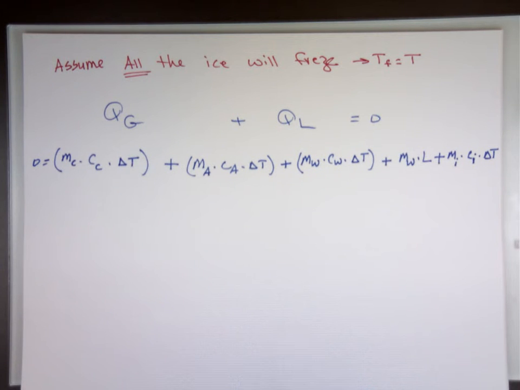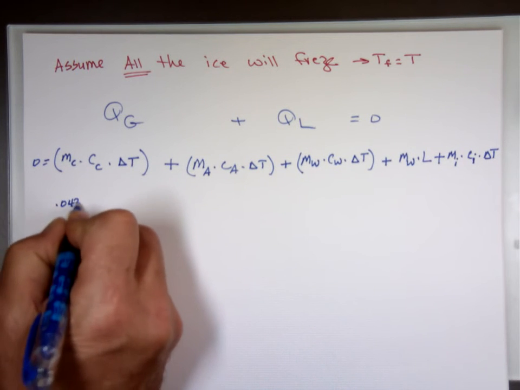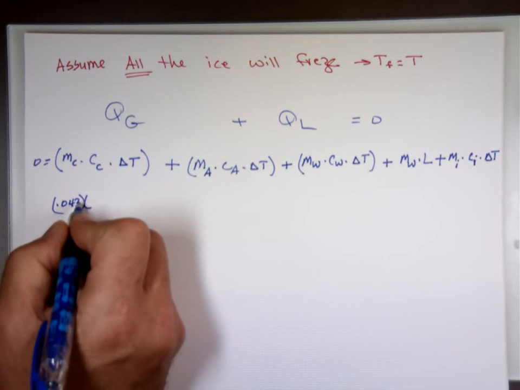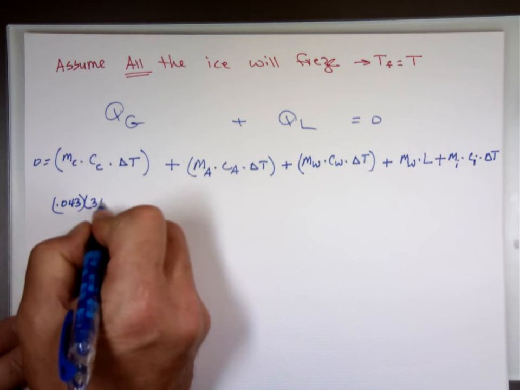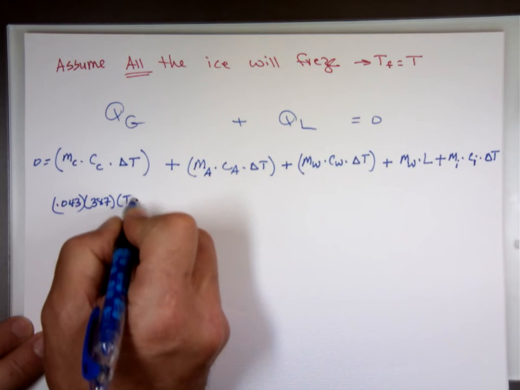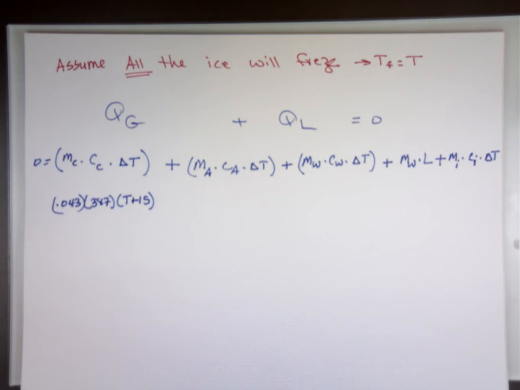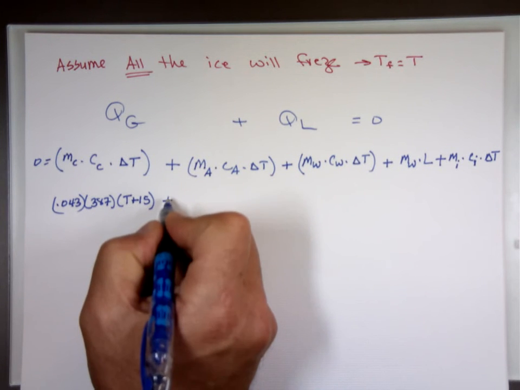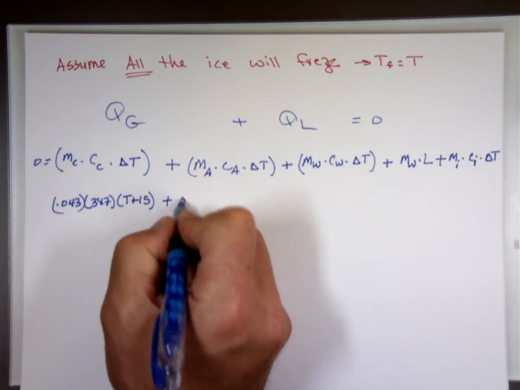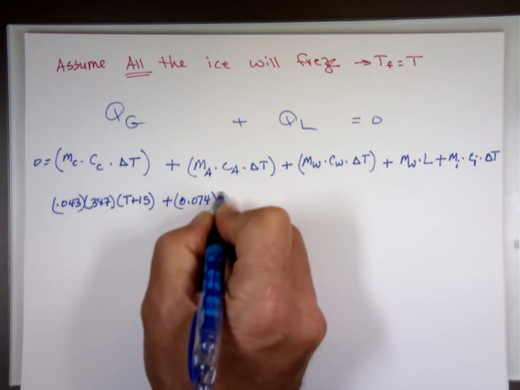Again, mass of the copper, 0.043 times 387, final temperature minus the initial. We're not sure what the final temperature is. Mass of aluminum, 0.074, C for aluminum, 900.